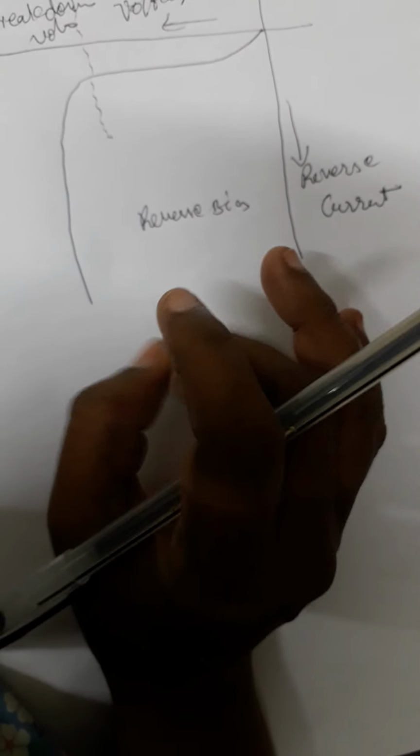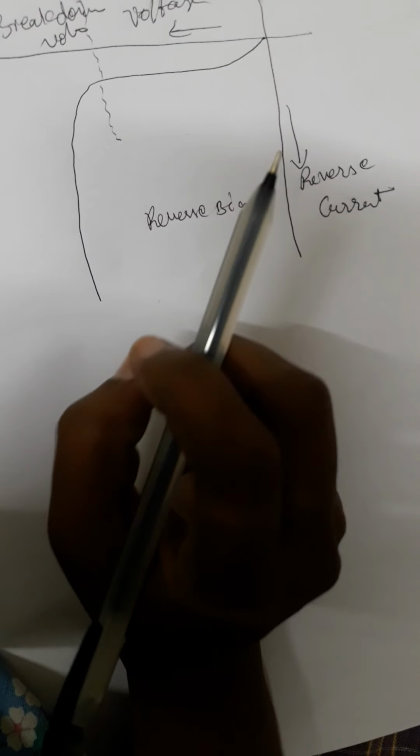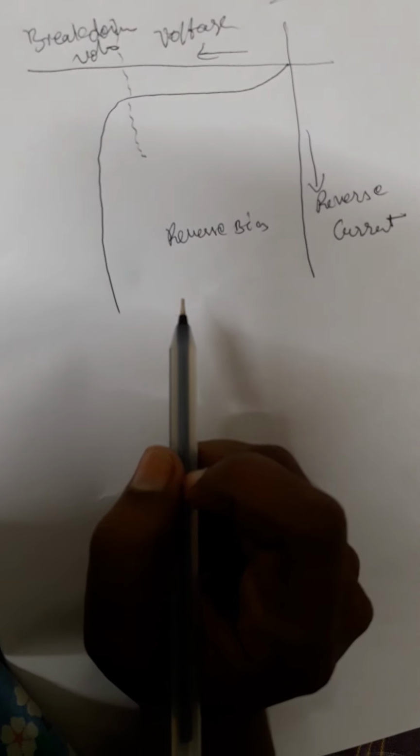These minority carriers, the electrons and holes, are pushed towards the p-n junction by the negative terminal and positive terminal respectively. Due to the movement of minority carriers, a very little current flows, which is in nanoampere range for silicon. This current is called reverse saturation current.